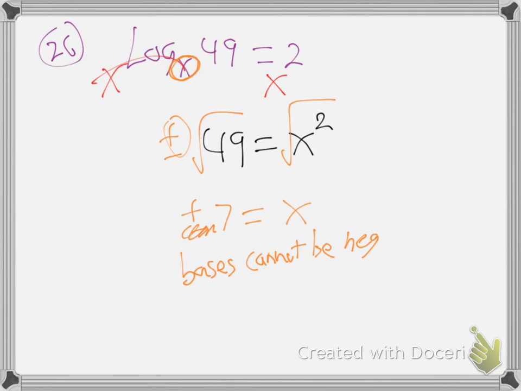But I want you to know on this problem, bases cannot be negative. If that x was anywhere other than the base, I would let that negative answer stand. And we'll have one of those in a minute, like two problems down the road, where we do the root and plus or minus and we keep them both, because x is not in the base on that problem. But it's in the base here, and you can't be negative in the base.